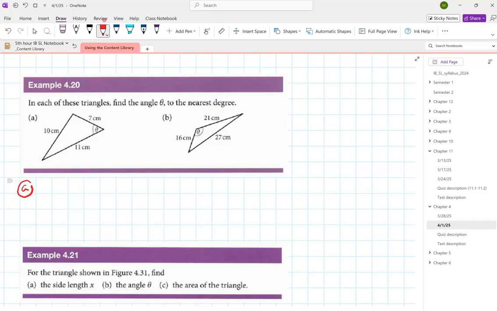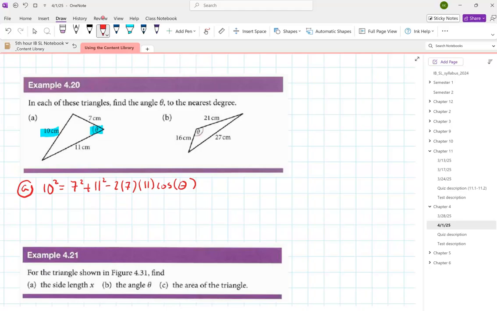To set up the law of cosines, the thing that matters is that the side opposite the angle that I'm solving for is the piece that needs to be by itself. And now we just need to solve for the theta here for cosine.